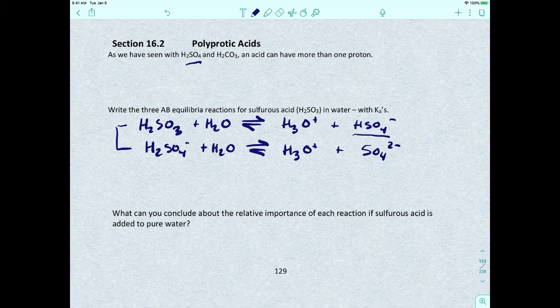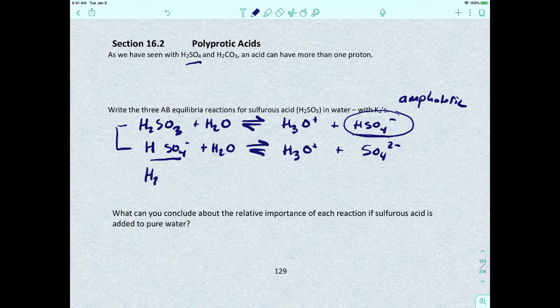I just realized that I wrote the wrong formula; it's HSO3 minus. Keep in mind that this species is going to be amphoteric because it can act as an acid or a base depending on which reaction we're looking at.